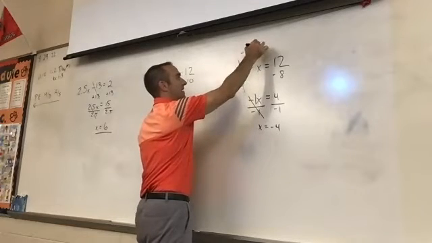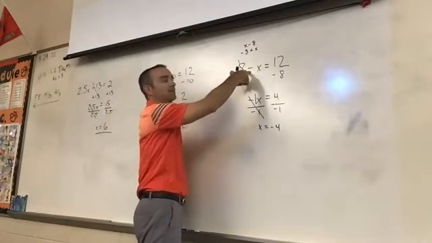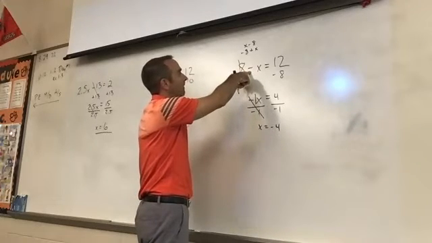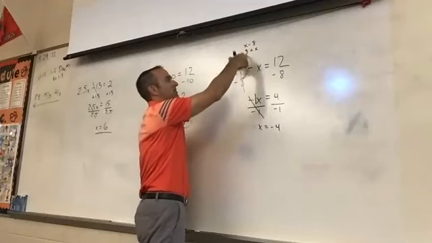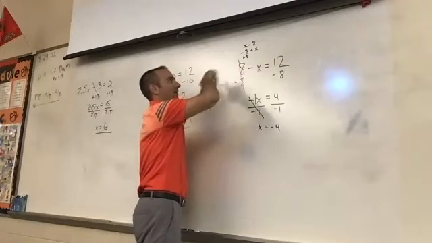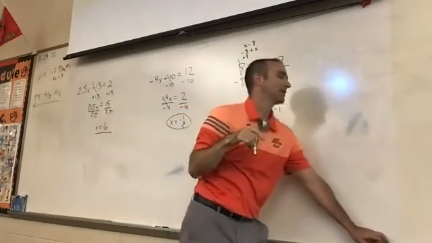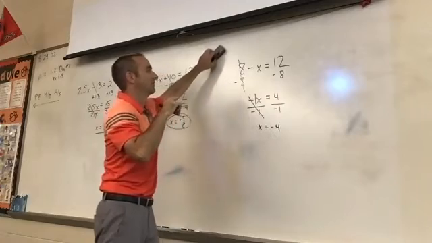Negative 8 plus x is the same thing as x minus 8. That's not the same thing as this. But if you have this, you're not gonna add a negative 8, you're gonna add a positive 8. Because if you put another negative 8 there, that's not gonna cancel out. I don't know what I did, but I somehow got negative x equals negative 4.